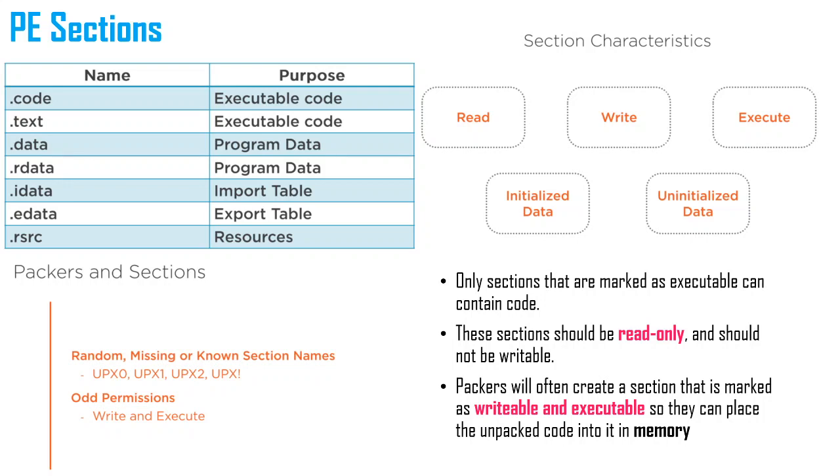So what are all the sections which are present in the PE header are .code, .text, .data, .rdata, .idata, .edata and .rsrc. So what is .code?